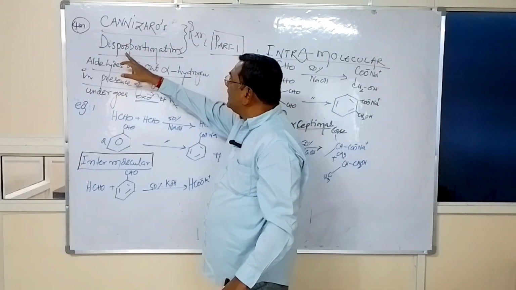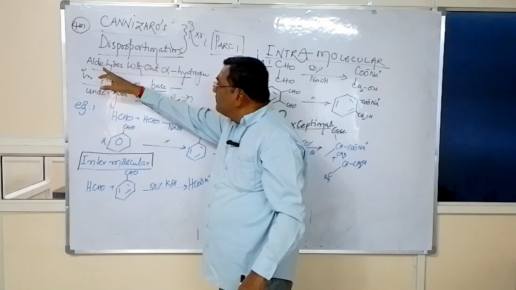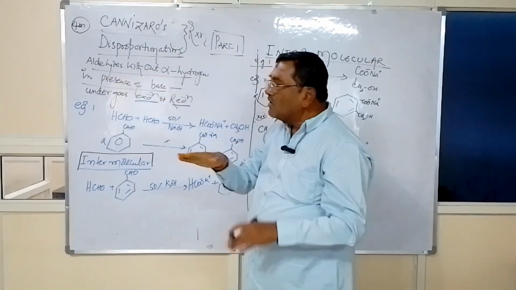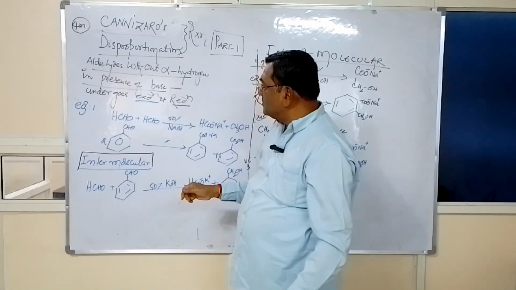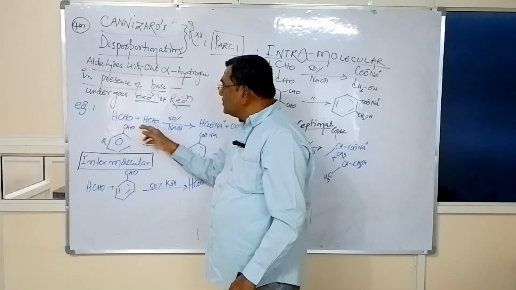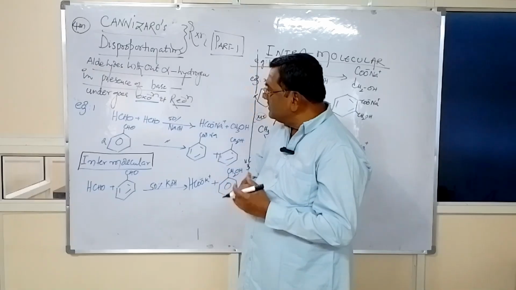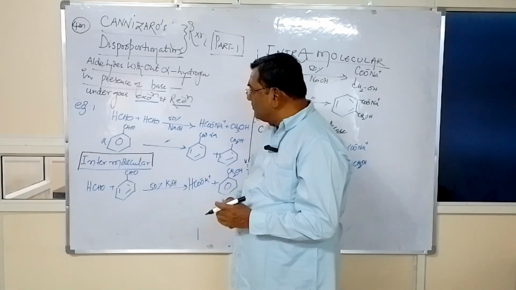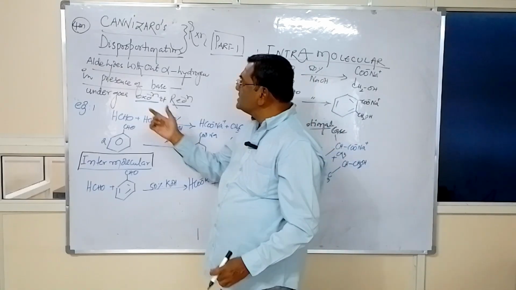A Cannizzaro reaction is where the aldehydes which do not have alpha hydrogen, because there are no alpha hydrogens attached to the functional group of the aldehyde, that's a very simple case.